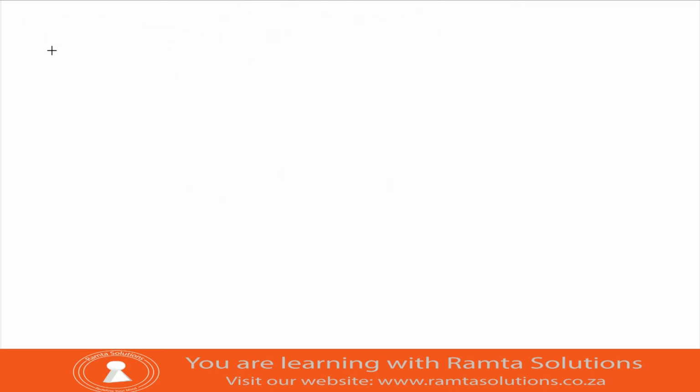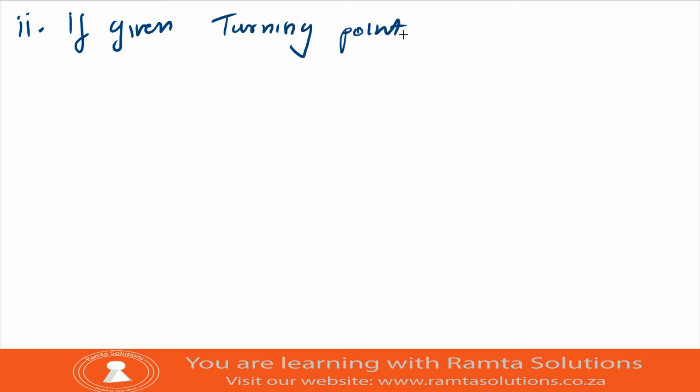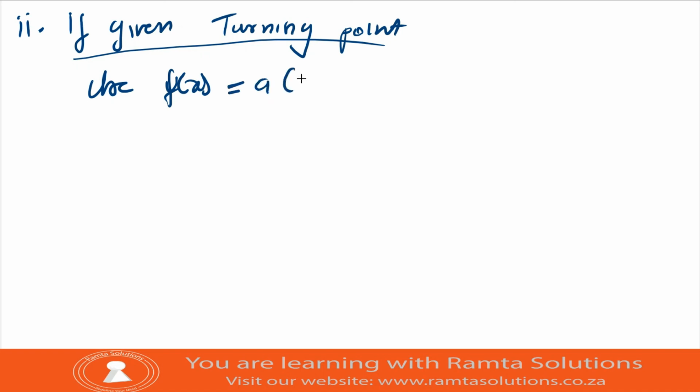Now, number 2, if given a turning point, let me say f of x equals a into x plus p all squared plus q, right?